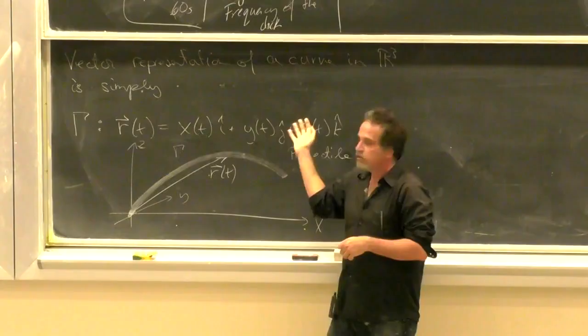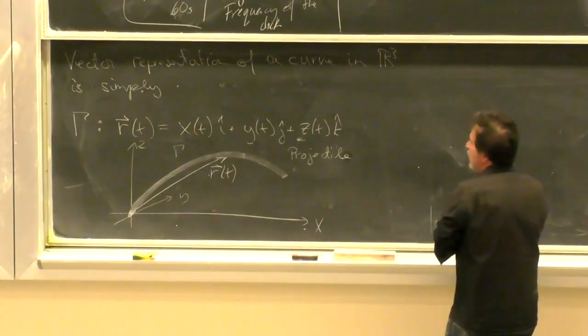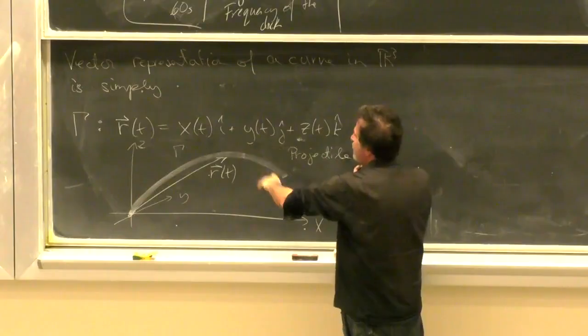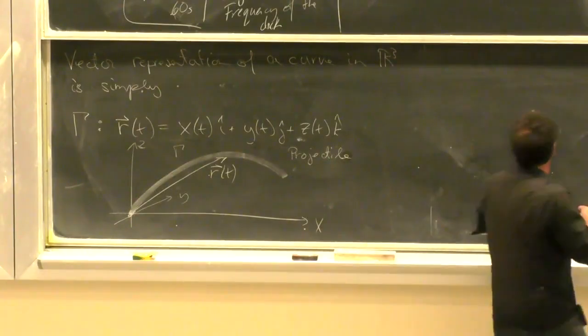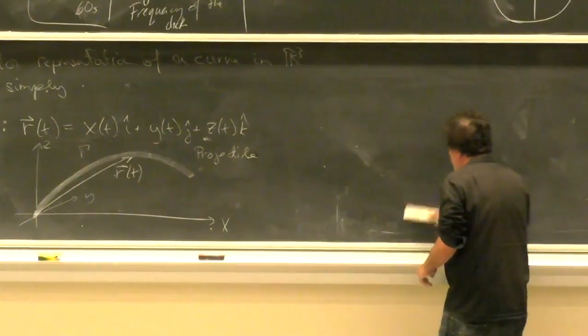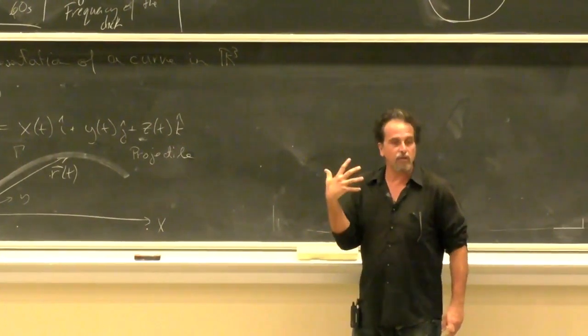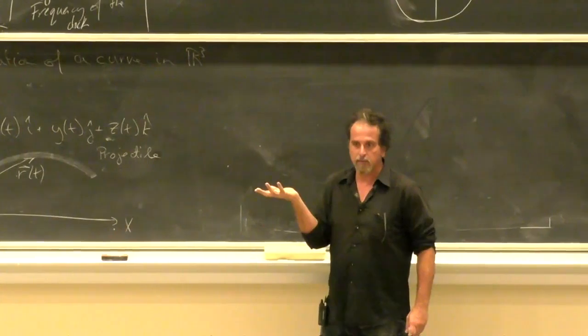Okay? So that's what r of t is. This is the general, very convenient way to think about this curve. And now when we have this nice and convenient way to think about it, we can start doing some calculus.